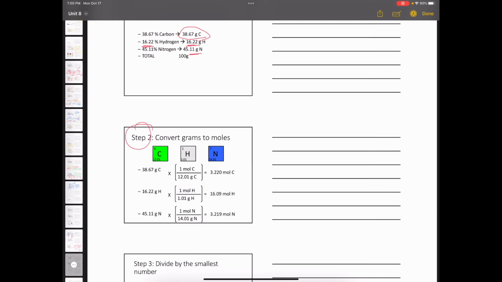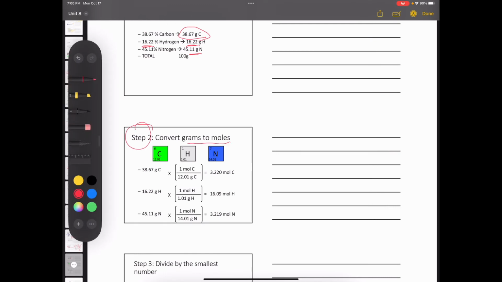So step number 2, we are going to convert all the grams into moles. We have 12.01 for the carbon, 1.01 for the hydrogen, and 14.01 for the nitrogen. Again, this is not a negative sign, by the way, this is just a dash. So I have 38.67 grams of carbon, which is coming from my percentage of carbon within that 100 grams.